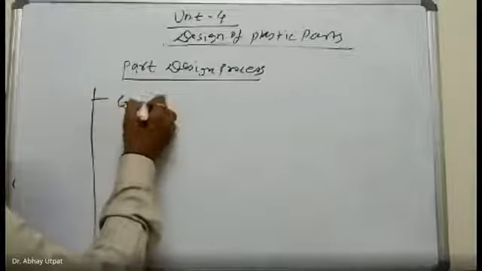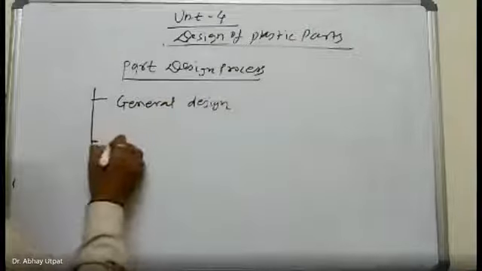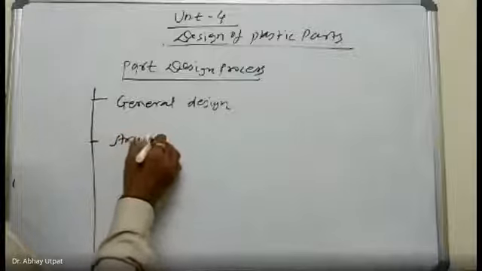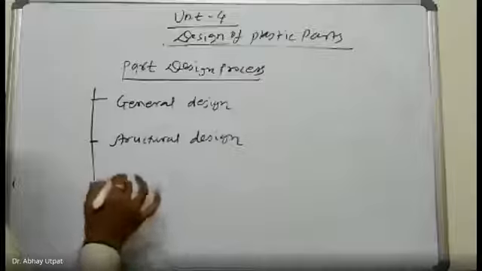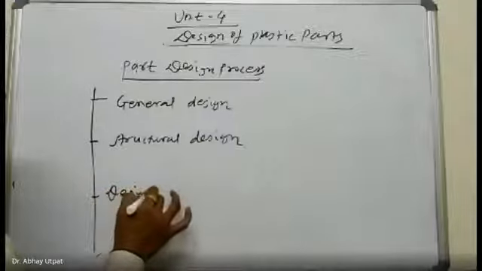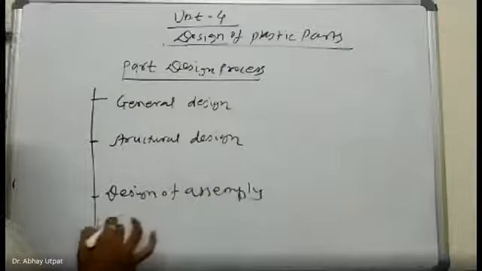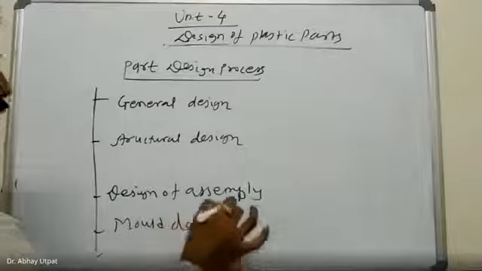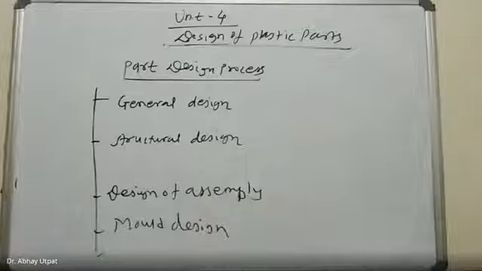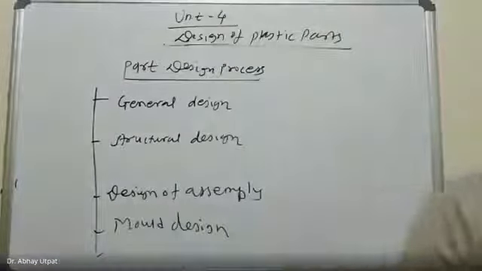First one is general, second is structural, third one is design of assembly, and fourth one is mold design. General design, structural design, design of assembly, and mold design. These are the 4 important parts of the part design.